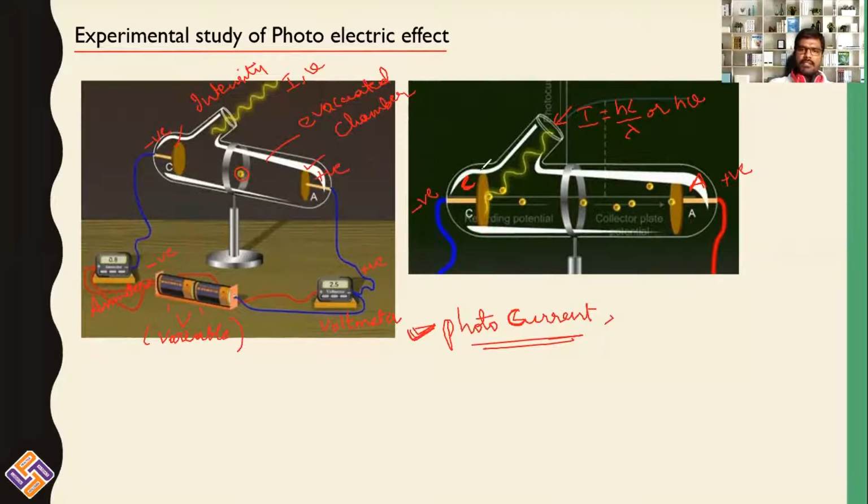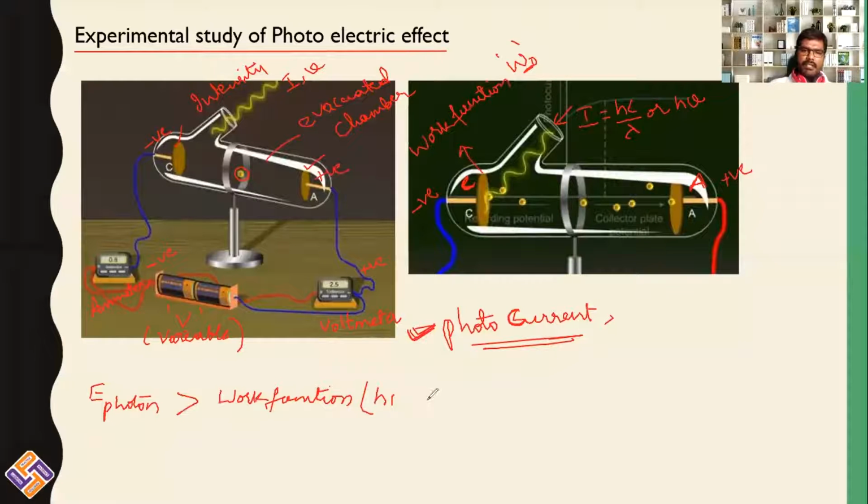This cathode will have some work function, and I am considering it as W. If the energy of the photon is greater than the work function, which can be written as h into nu naught, where nu naught is called the threshold frequency.